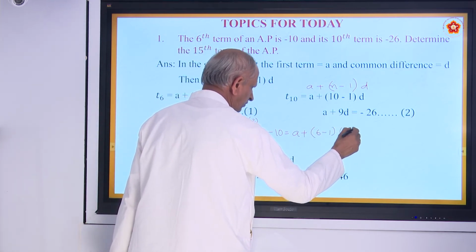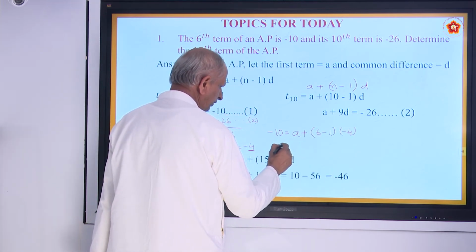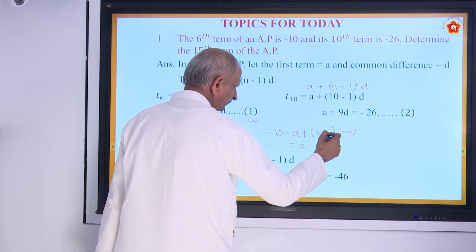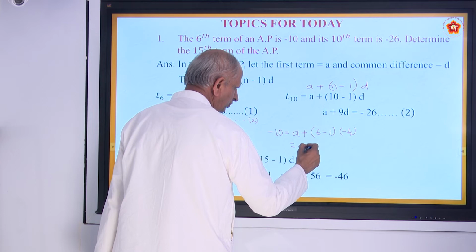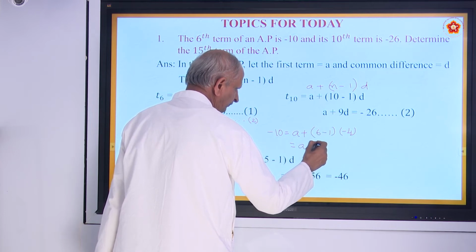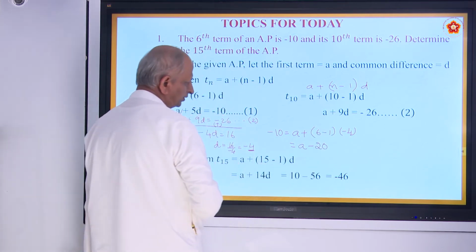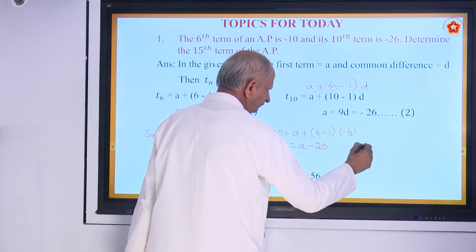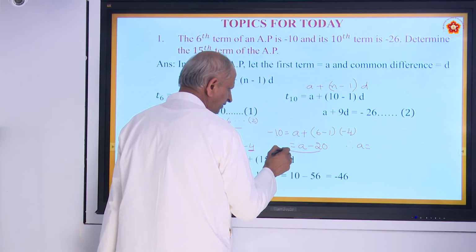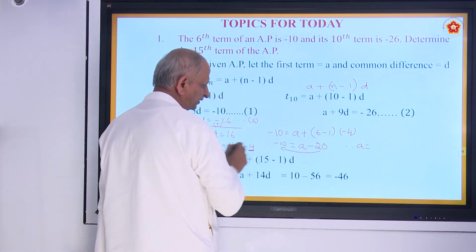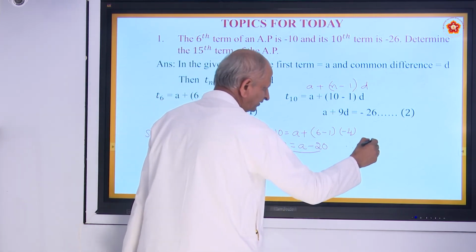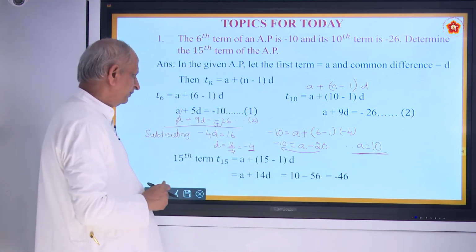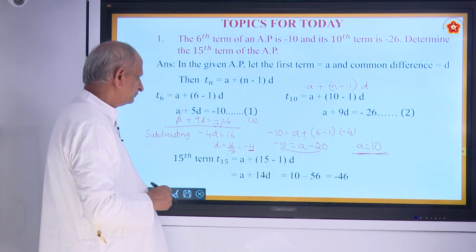Minus 4. So A, 6 minus 1 is 5, 5 into minus 4, minus 20. So therefore A is equal to minus 20, bring this side, becomes plus 20, 20 minus 10, that is 10. A is equal to 10, D is equal to minus 4.